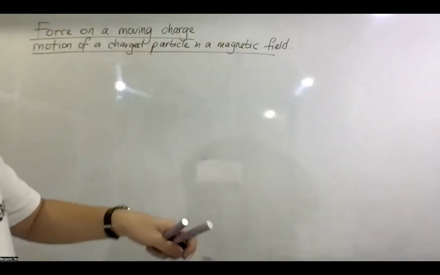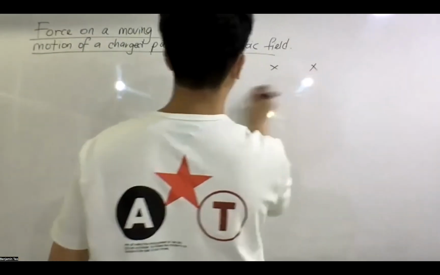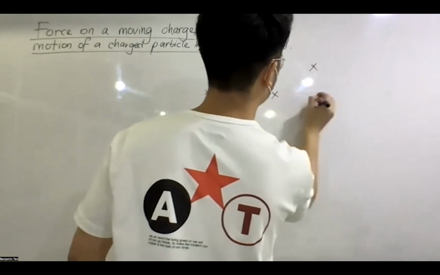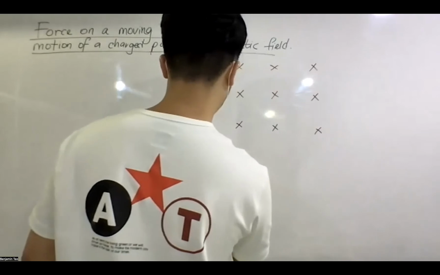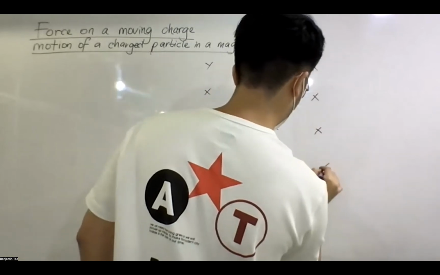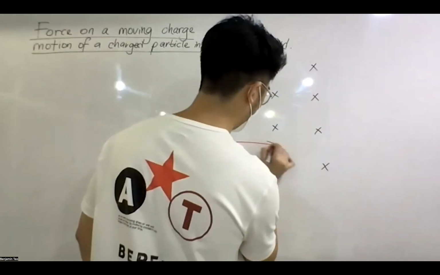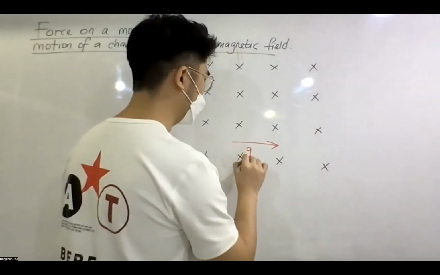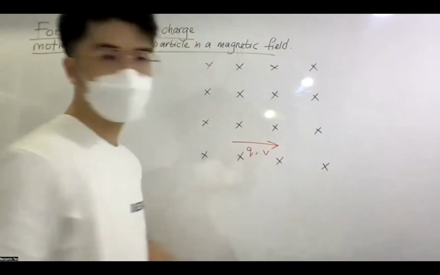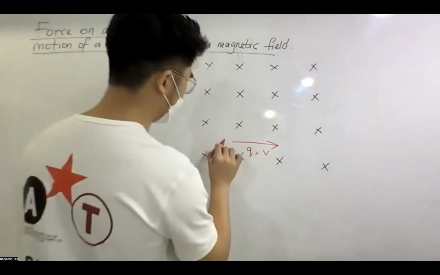Okay, now we'll see. Here we have a field again. Suppose that there is a charge flowing in this direction, a charge Q, and then it is moving at a certain velocity V. Let's take a positive charge, okay?